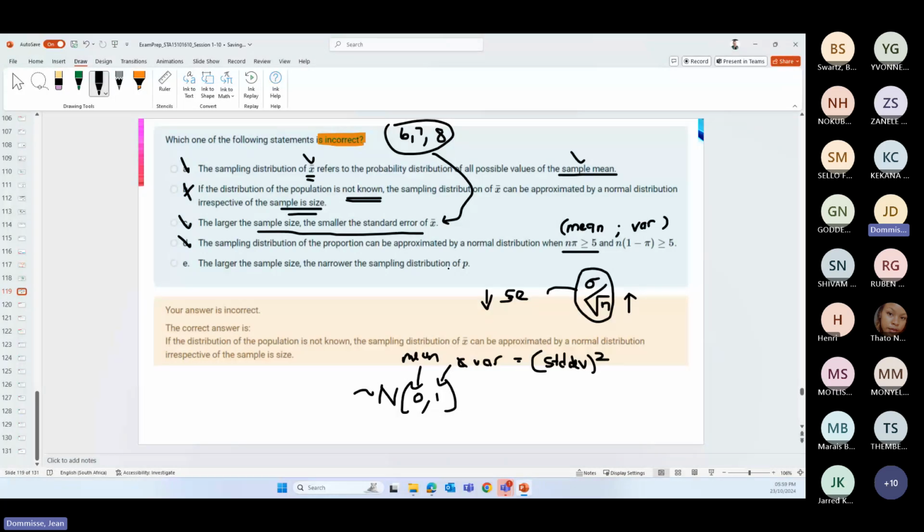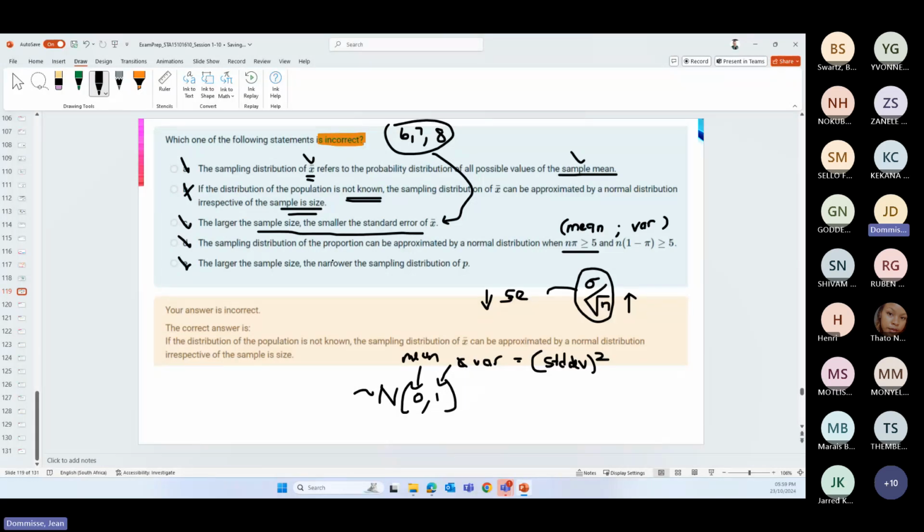As your sample increases, your standard error decreases. As your standard error decreases, that will mean that the sampling will be narrower, or your confidence interval will also be narrower. So that is also correct.